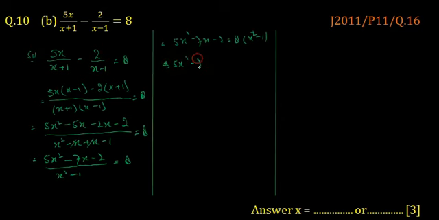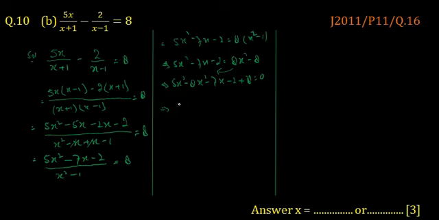Further, 5x square minus 7x minus 2 is equal to 8x square minus 8. Minus 8 goes to the left across the sign of equal to, so the sign of minus 8 becomes plus 8 is equal to 0, and it was the plus 8x square, so it becomes minus x square when it comes across the sign of equal to.